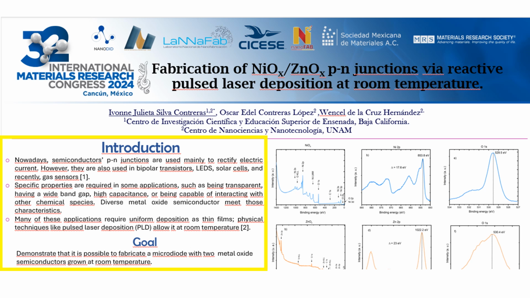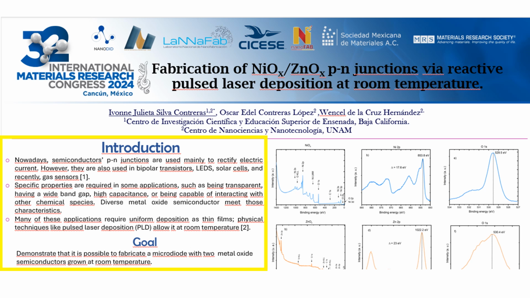Specific properties are required in some applications, such as being transparent, having a wide band gap, having high capacitance, or being capable of interacting with other chemical species. As materials, many of these metal oxide semiconductors can meet these demands if they are properly synthesized.